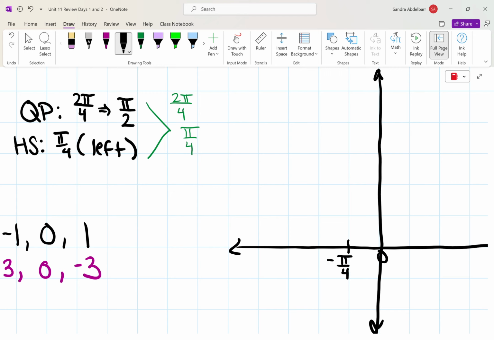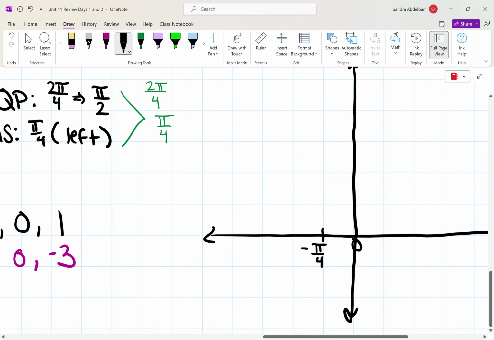That is our starting spot. But remember, our quarter period is 2 pi over 4. What does that mean? That means basically every 2 pi over 4 becomes another important point for us. So I have negative pi over 4, then I have 0, then I'll have positive pi over 4.